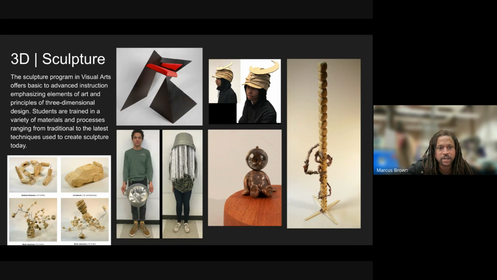The way it's set up now, level 1 does wood and wire, and they learn how to weld. This is an old level 3 student. The top piece is actually a chair by a former student, and there's also a hybrid bronze piece in here. So the artwork spans all kinds of different stuff.